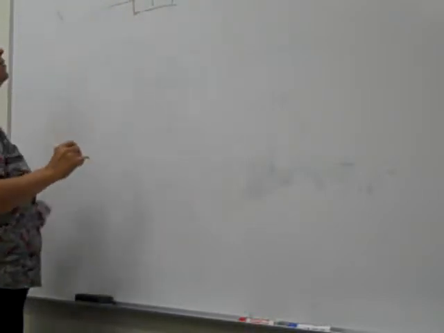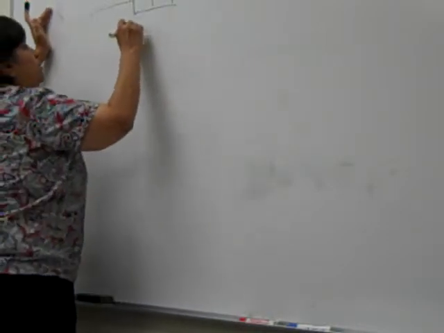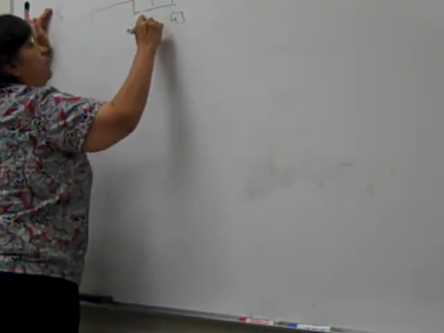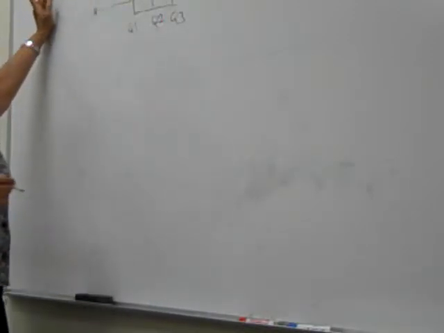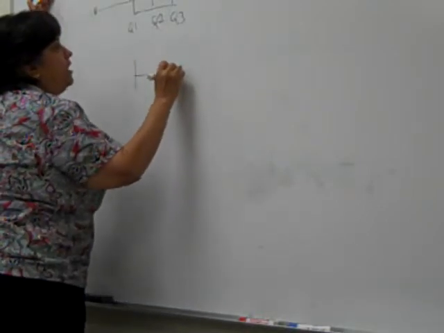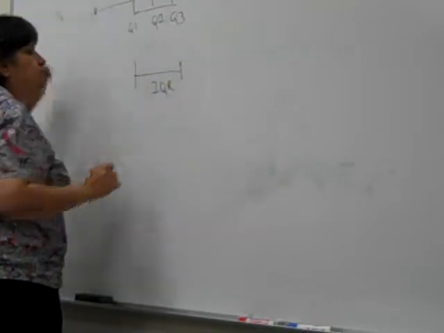So those are the 5 numbers that this graph tells you. This is quartile 1, this is quartile 3, this is quartile 2, this is the max, this is the min. Okay? And the interquartile range is Q3 minus Q1.